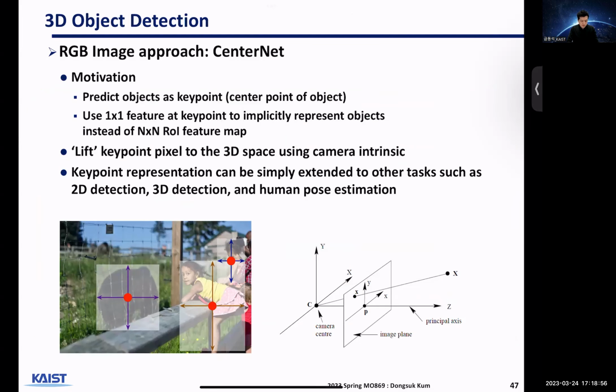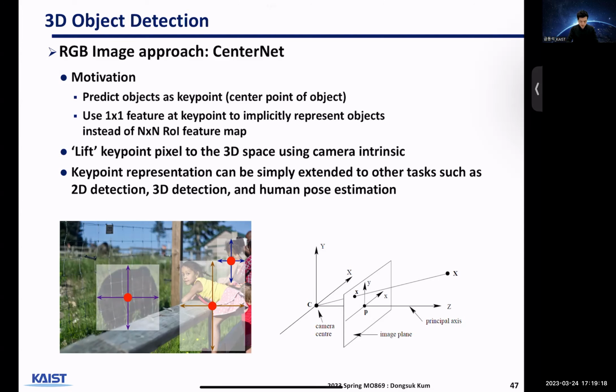Let's start with the RGB image approach. One of the most popular ones is CenterNet. The motivation is that it predicts objects as a key point, the center point of objects.